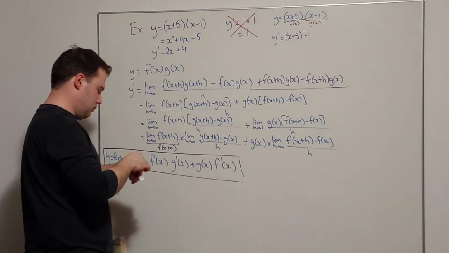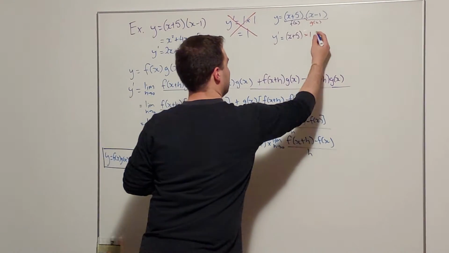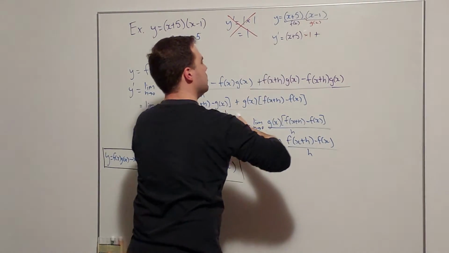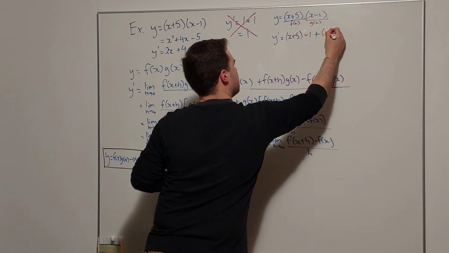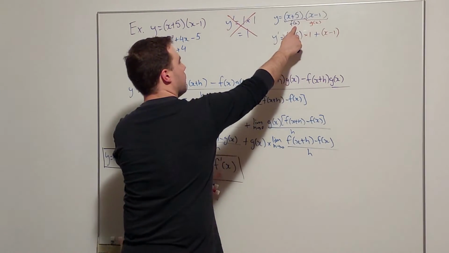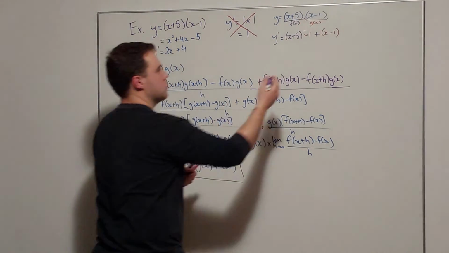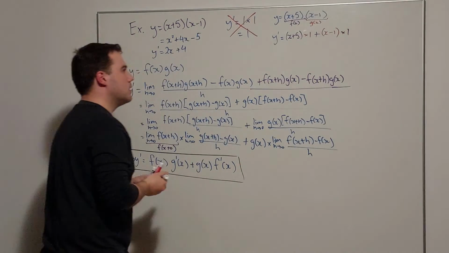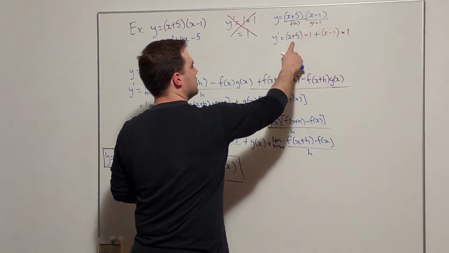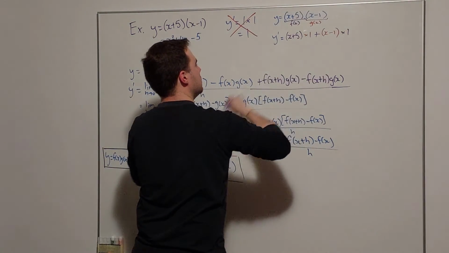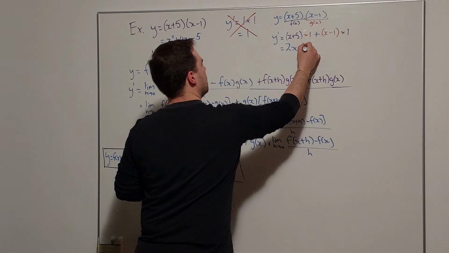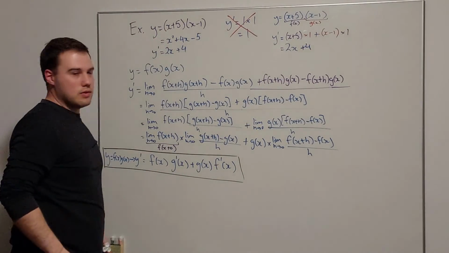Plus in the middle, let's be careful, plus the g of x function, and that's going to be times by the derivative of f of x, which derivative of x plus 1 is just 1. Alright, so nice and easy to evaluate. 1 times that is that, 1 times that is that, x plus x is 2x, and 5 minus 1 is 4, and we get the same thing, so that's pretty nice.